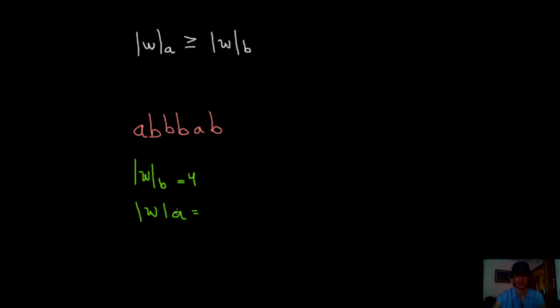So since the number of B's is greater than the number of A's, this condition of this statement is not met. Since this condition is not satisfied, then we come to the conclusion that this word does not belong to the language. Yes, and that's the basis of this language.